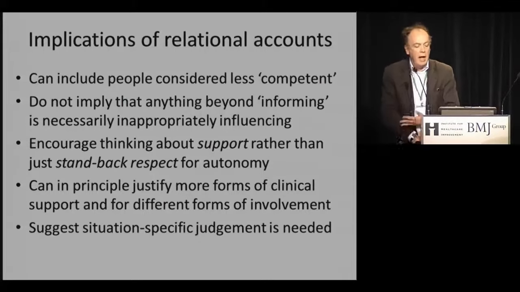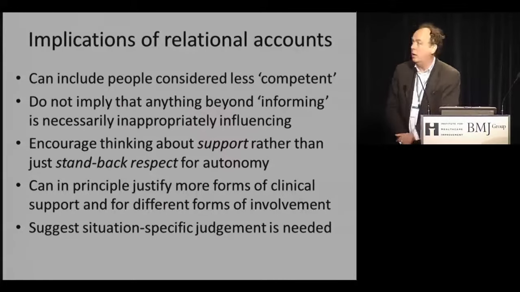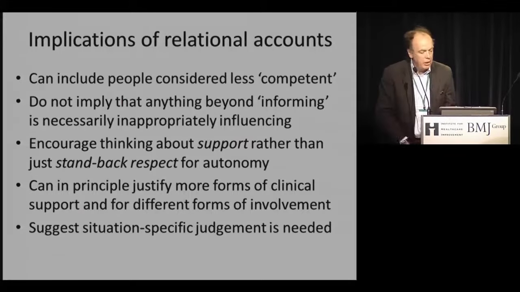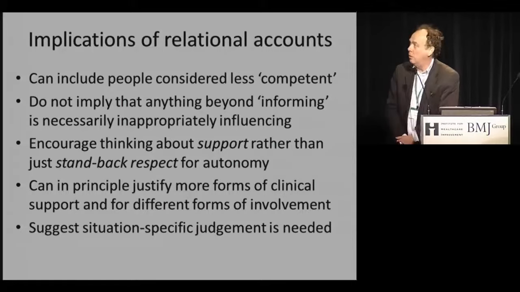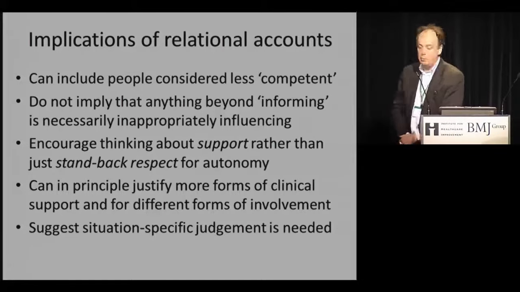It does not imply that anything beyond informing is necessarily inappropriately influencing. And in terms of judging whether an interaction or a relationship is supportive of autonomy, if you follow a relational model, then it does suggest that situation-specific judgment is needed.